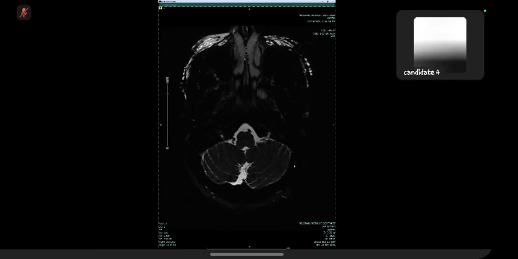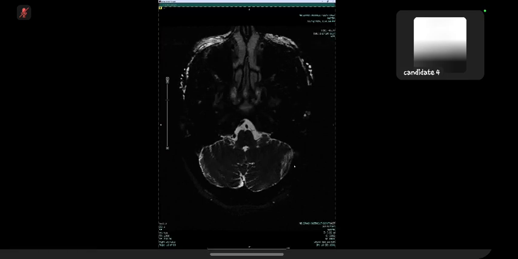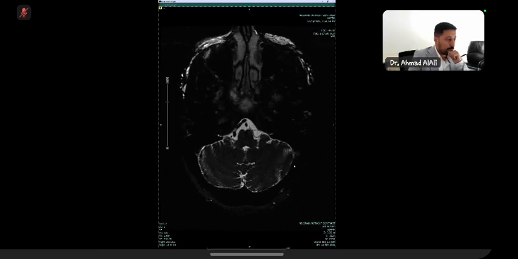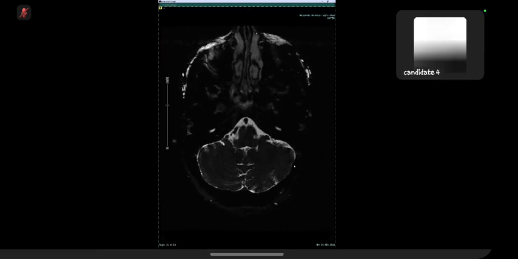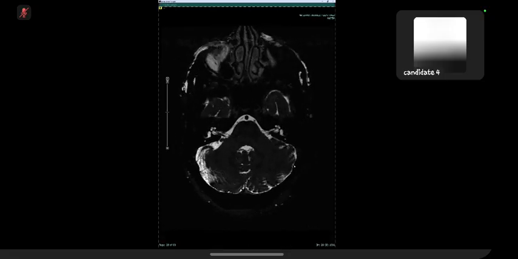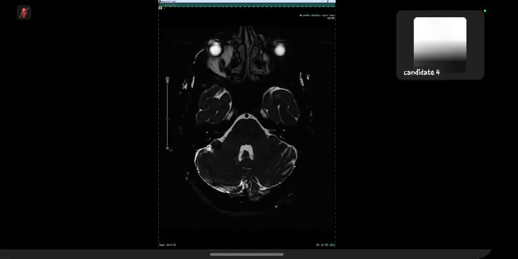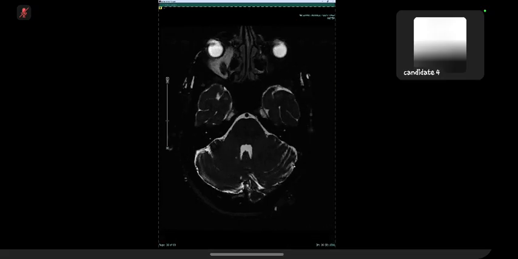I've been presented with an axial CISS sequence of a patient who has presented with right-sided facial spasm. I am looking at the vestibulocochlear nerve complex and also the posterior circulation vessels to see if there is any lesion associated with the nerve complex or if there is any vascular loop.